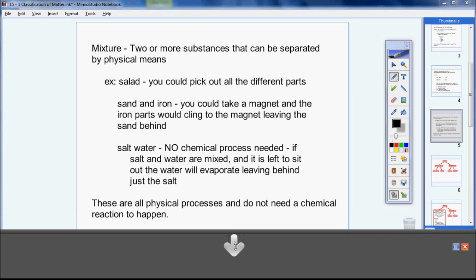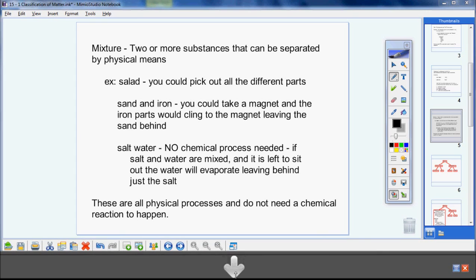Okay, these are physical processes. They do not need a chemical reaction to happen. So physical processes mean you're not having a compound break down and turn into something new.